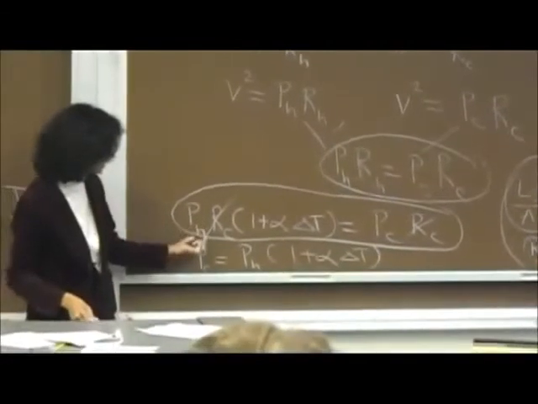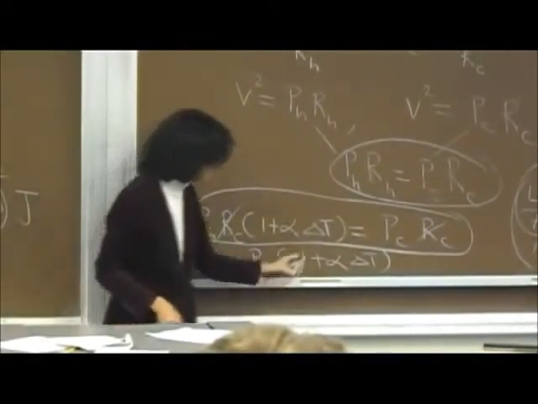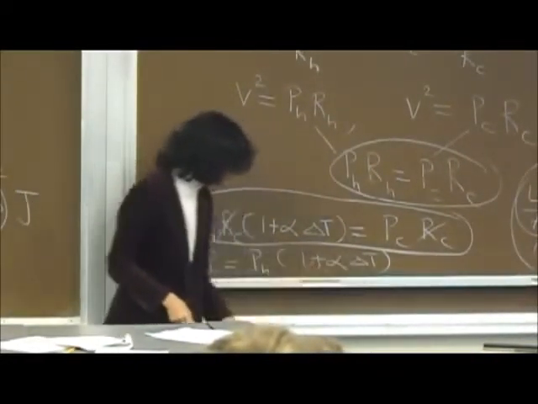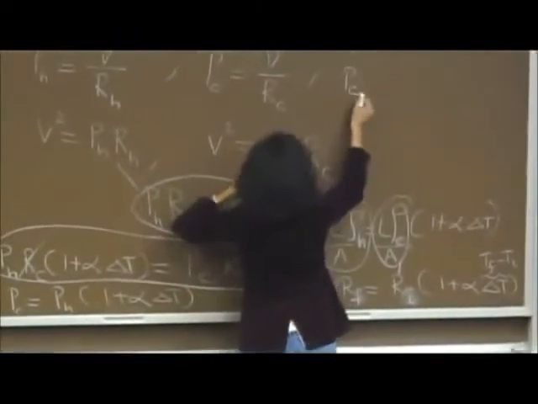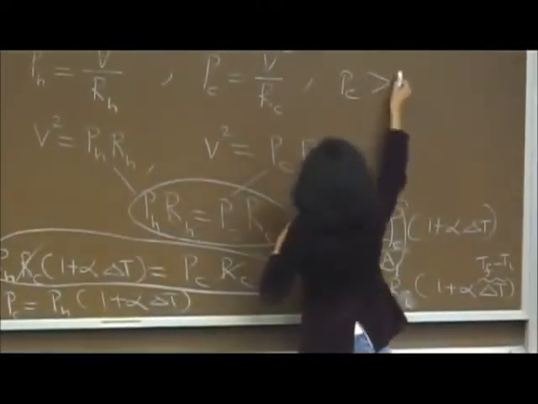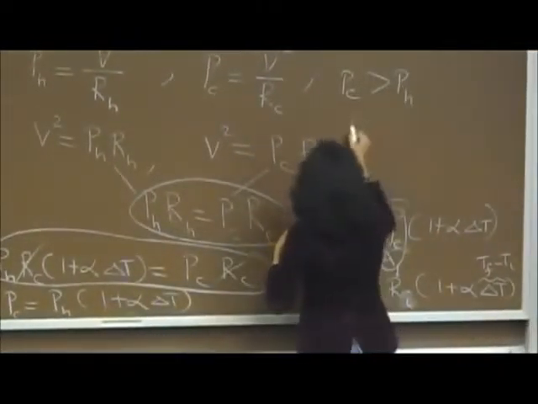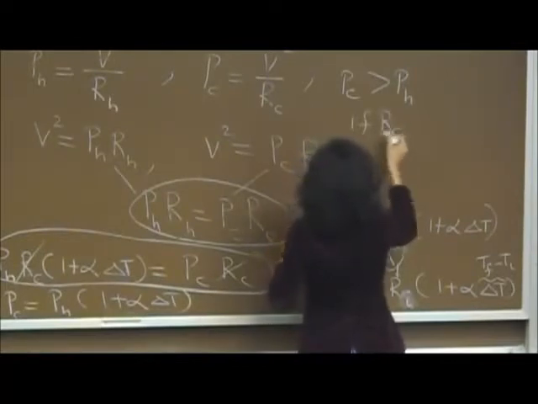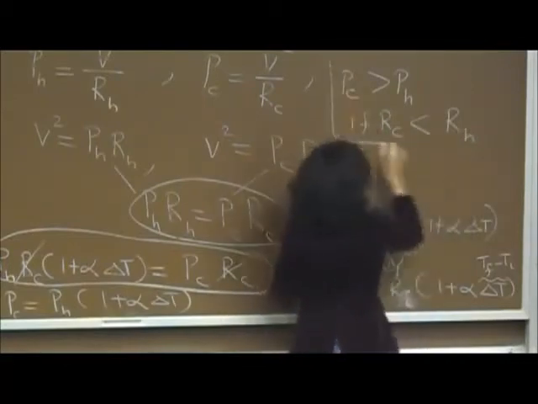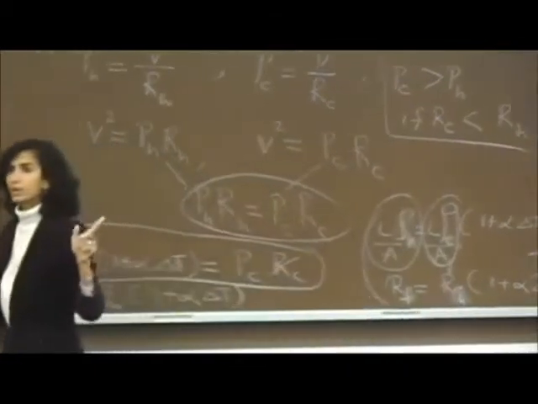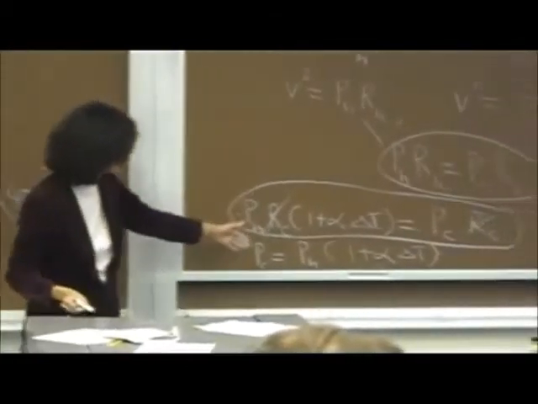So what we get then is P sub H times 1 plus alpha delta T is equal to P sub C. What you have to understand here is that P sub C is greater than P sub H if R sub C is less than R sub H. So there is nothing wrong in anything that we have done so far.